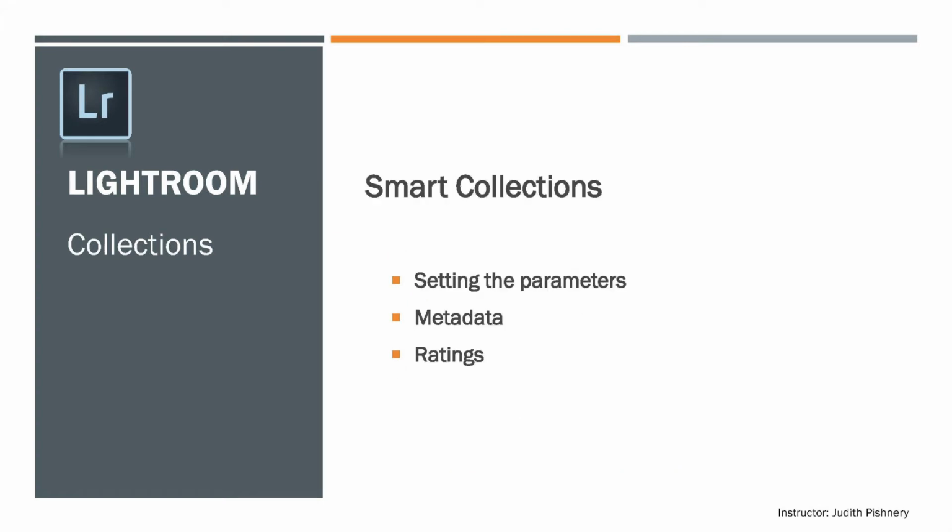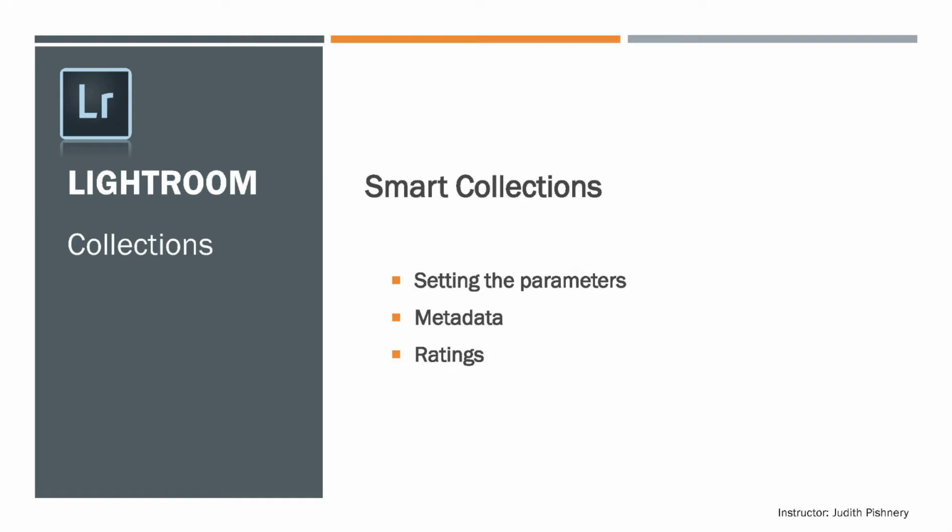Okay. And again, smart collections, you set parameters, you can choose metadata, you set ratings, and then once you've set this up, Lightroom will look through your entire library of images, and it will gather just those images that you set up that criteria for.